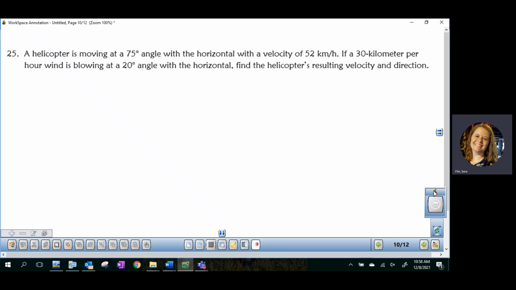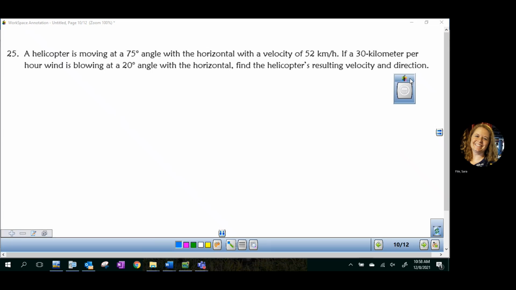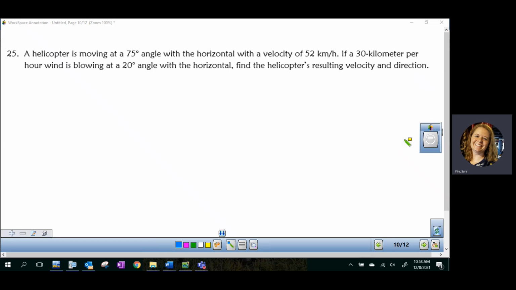Okay, so in this one, we are told that a helicopter is moving at a 75-degree angle with the horizontal at 52 kilometers per hour, and a 30 kilometer per hour wind is blowing at a 20-degree angle with the horizontal. So luckily, both the angles are given from the horizontal, so there's no converting the angles necessary.